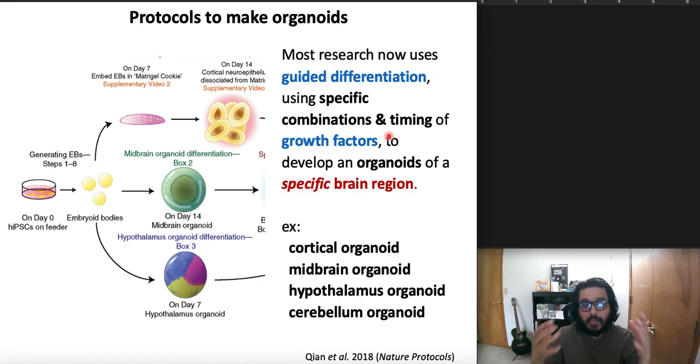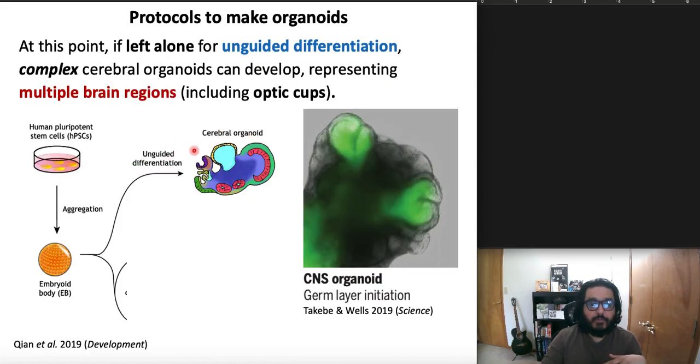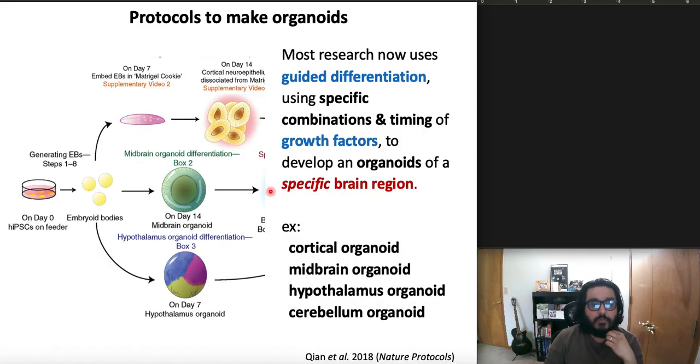So it's not just adding a growth factor, it's also removing a growth factor at a specific time that will influence the type of organoid that's formed. So instead of just having a massive organoid that has every single brain region, researchers now have organoids that are of a specific brain region.